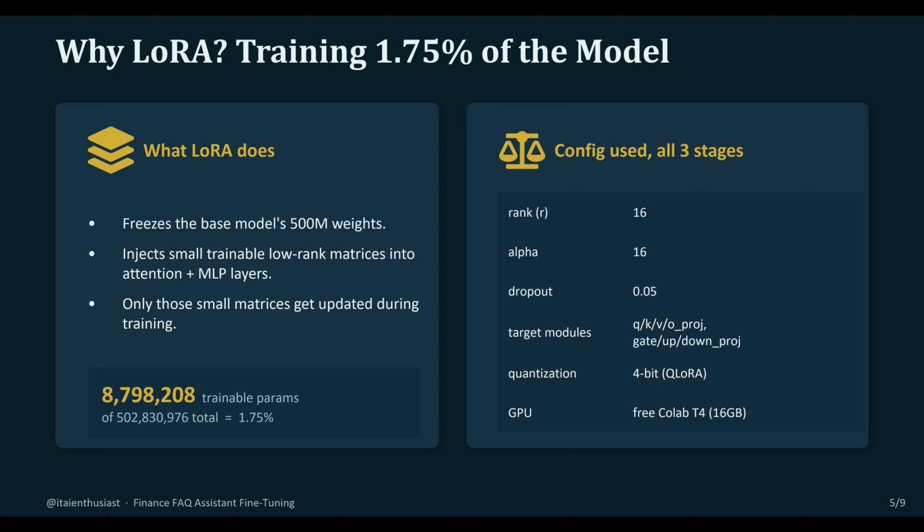That's 1.75%. And we load the frozen base weights in 4 bits. That's the QLoRA part, which is what makes the memory footprint small enough for a free GPU. Same LoRA config across all three stages: rank 16, alpha 16, dropout 0.05.